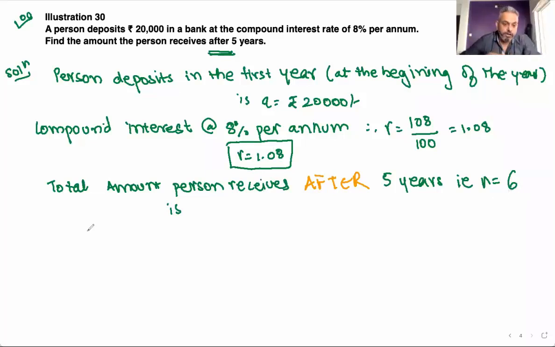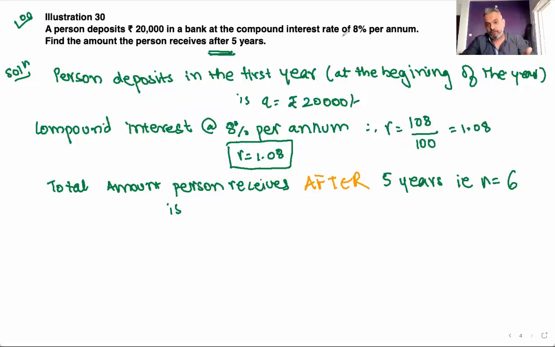It means what? We are investing only 20,000. Every year we are not investing 20,000. Here in the question, it is given a person deposits 20,000 in the bank at a compound interest rate of 8% per annum. So it means that invested 20,000, in the next year he will get 8% interest.